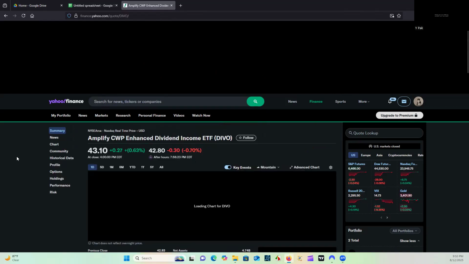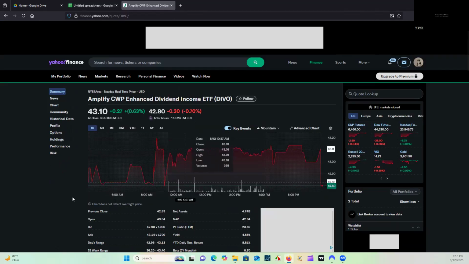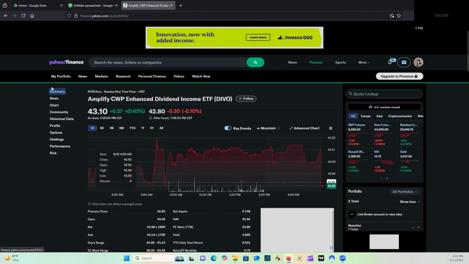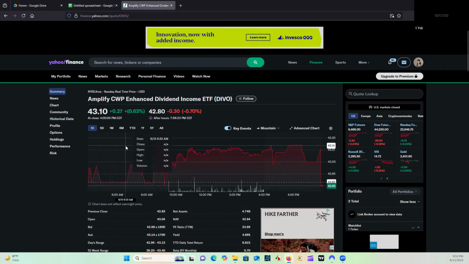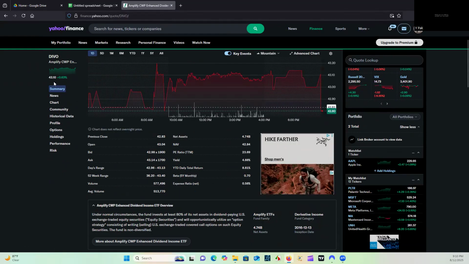But let's select that one, and I'll go through how to use this website. This is right now the summary, but I'll go through that in another lesson. But what I want to show right now is in the summary section. It tells you this yield number, and it's telling me the yield is 4.66%.